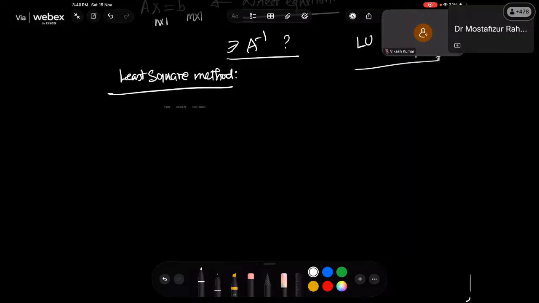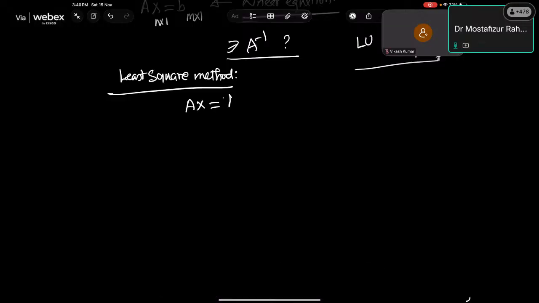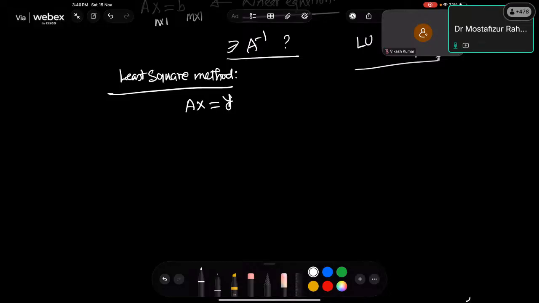We'll come back to the least square method when we try to mitigate error in quantum circuits, using probability principles. But for now just stick with the algebra part. So our equation is AX equals B, or Y, whatever you wish to write, AX equals say Y, right?